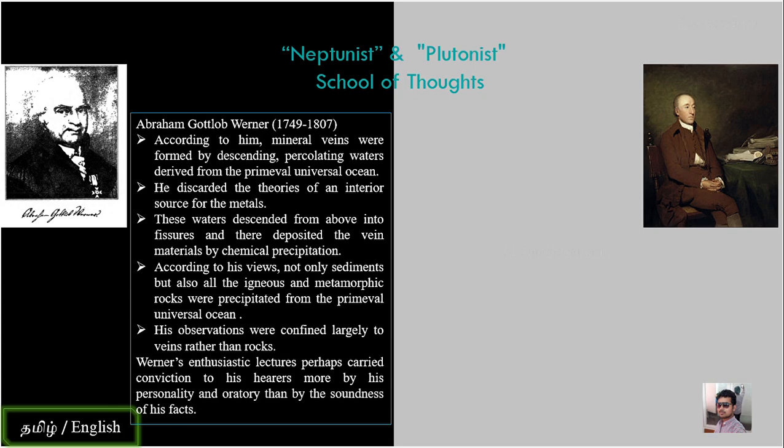According to his view, not only the sediments but also all the igneous and metamorphic rocks were precipitated from the primeval universal ocean, which was present at the time of origin of the earth. His observation was confined largely to the veins rather than the rock, so his prime view was on the veins and not on the rock that encloses the vein.